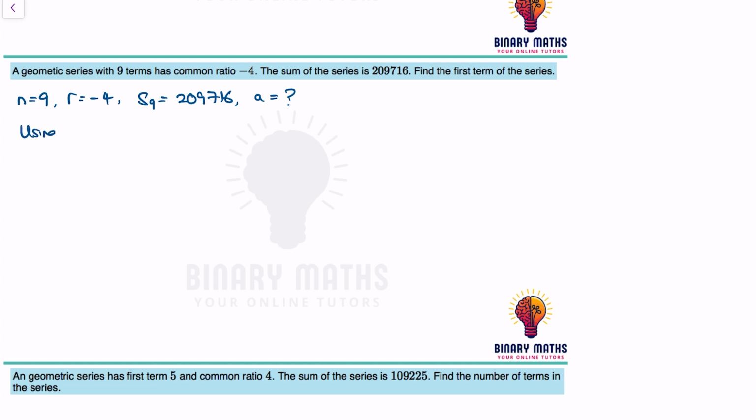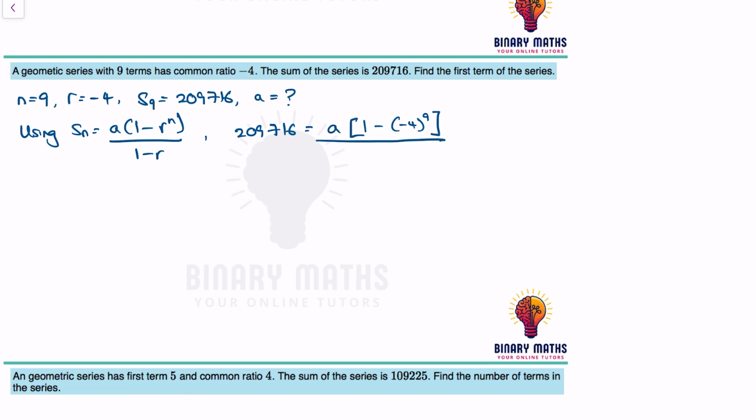So using Sn is equal to a times 1 minus r to the power of n over 1 minus r, you get S of 9, which is 209,716, is equal to a times 1 minus -4 to the power of 9, all over 1 minus -4.